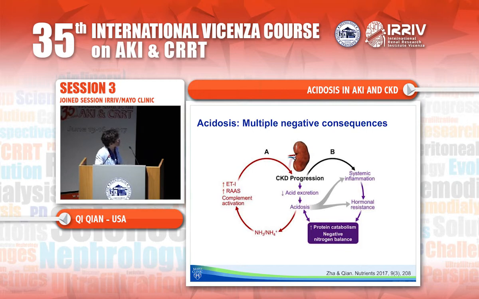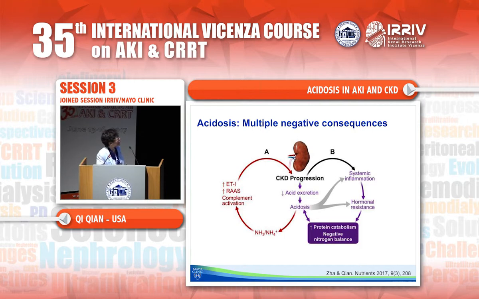Acidosis will increase ammoniogenesis and has direct effects on complement activation and the endothelin and RAS system activation, which all create an inflammatory milieu promoting CKD progression.